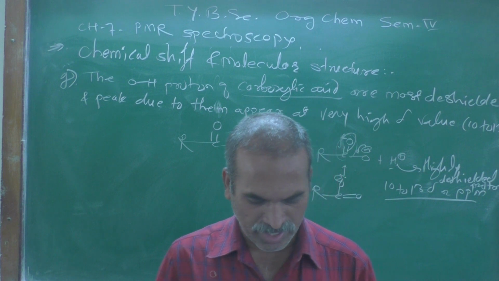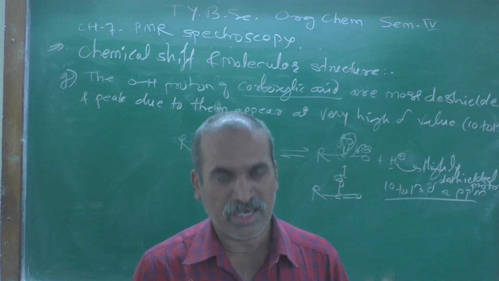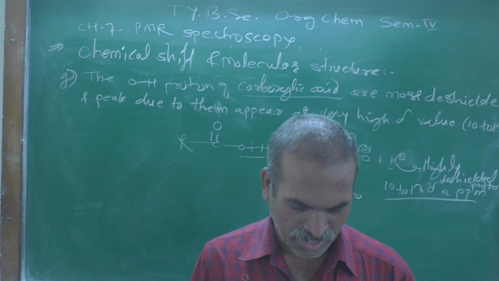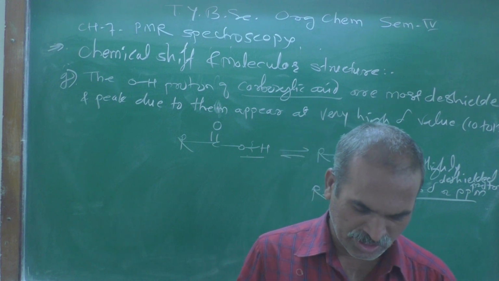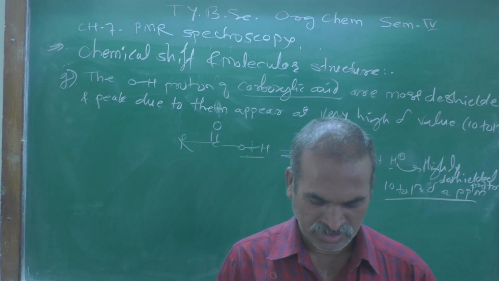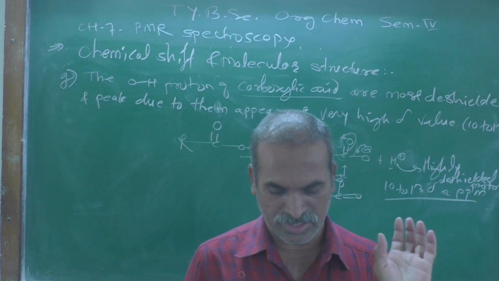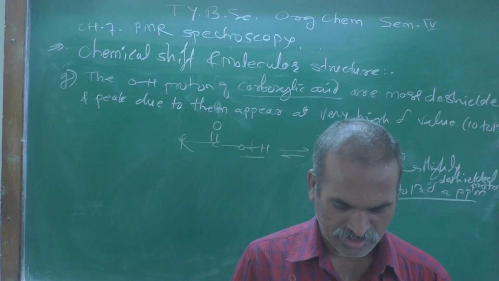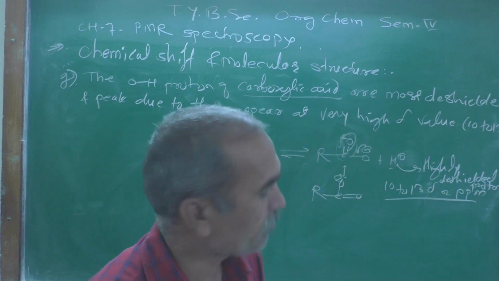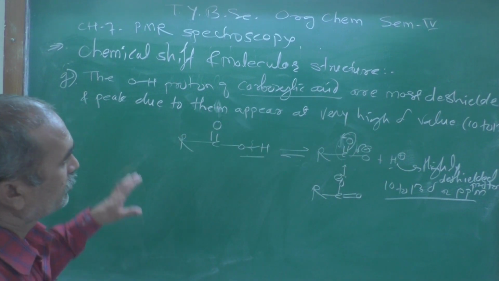The induced magnetic field is nearly absent and there is no shielding effect at all, giving rise to a peak at a very high delta value. That is the reason why it will be more de-shielded.